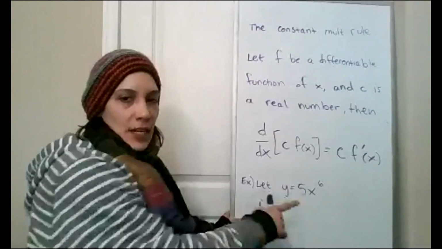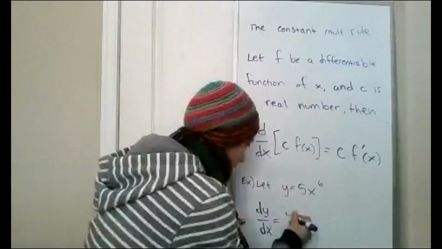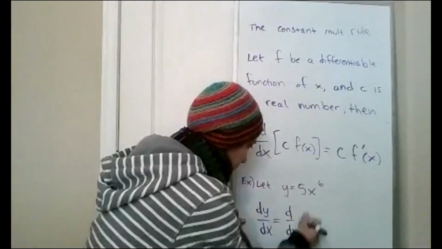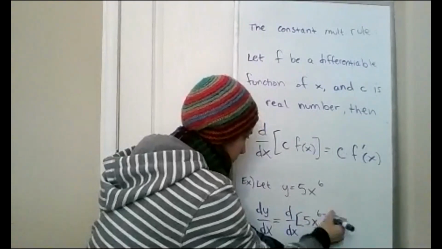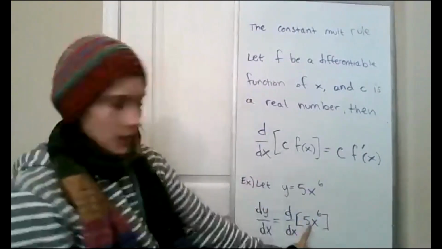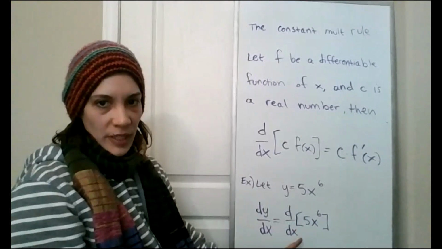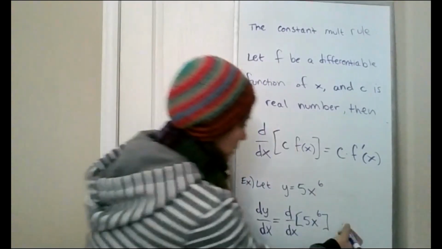So d dx of 5x to the sixth. Bring out the 5 and then take the derivative of x to the sixth.